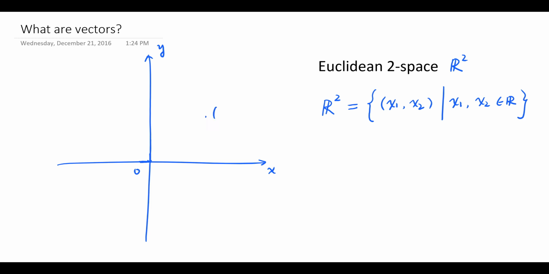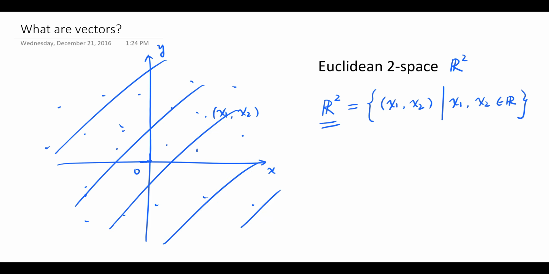Now, because every two tuple corresponds to a point in the xOy plane, R2 is also the set of all points in the xOy plane, which is the xOy plane itself.